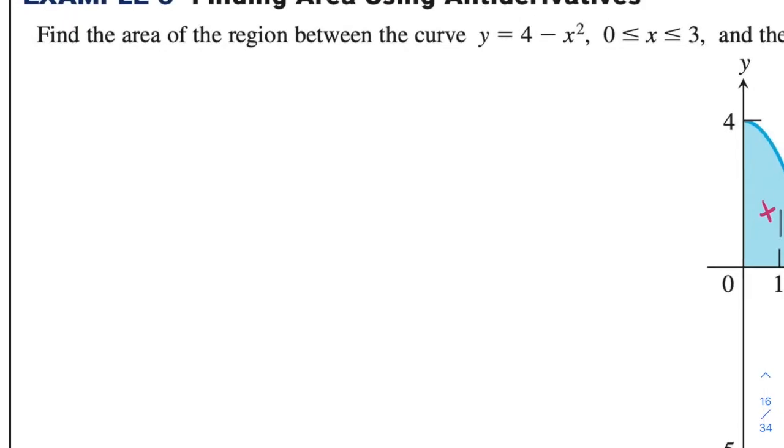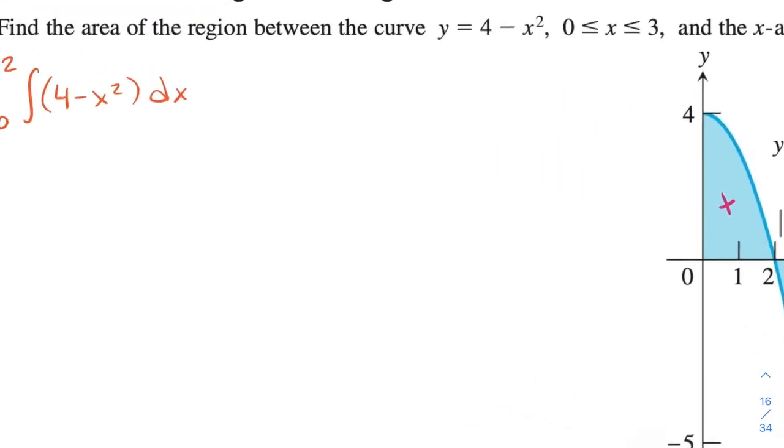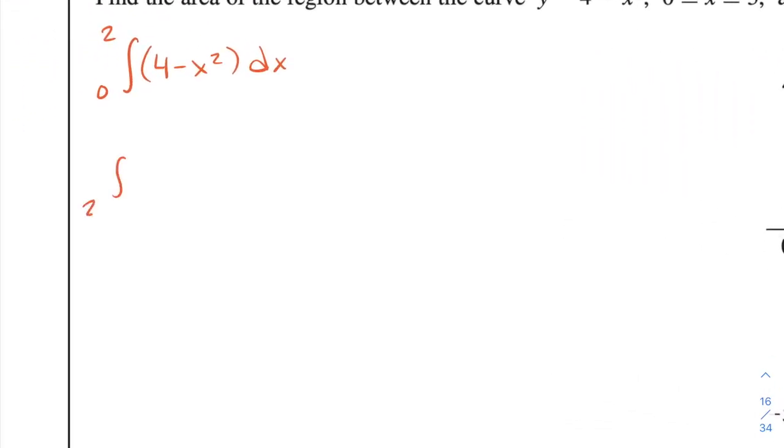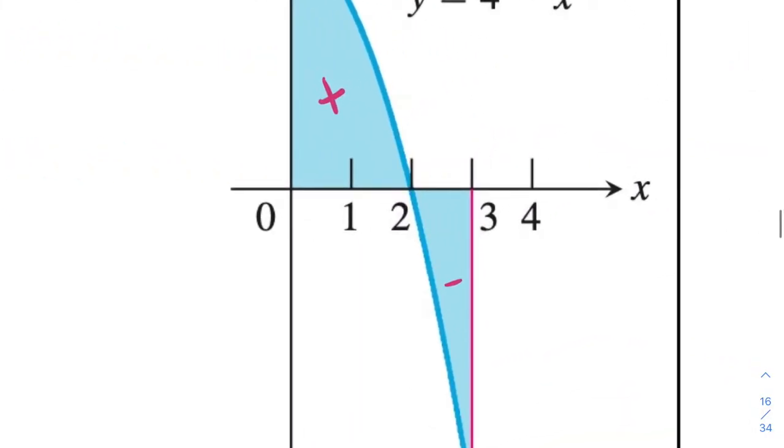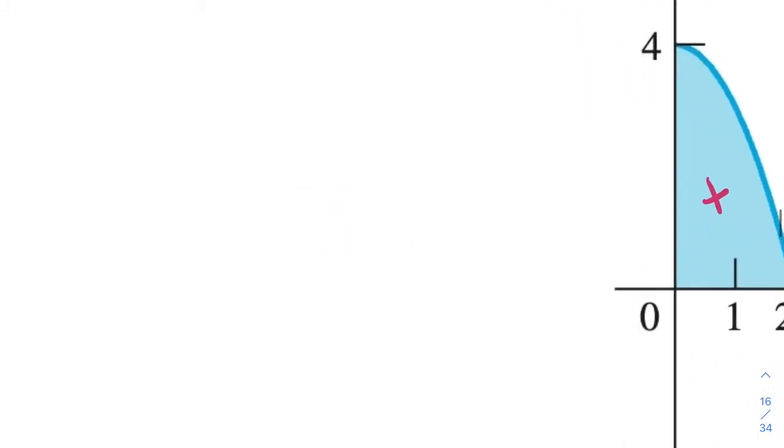So you're going to separate it into the integral from 0 to 2 of 4 minus x squared dx, and then you also are going to separate it into the integral from 2 to 3 of 4 minus x squared dx. And then you'll add these together, because look at where that breaks apart, right there at 2.